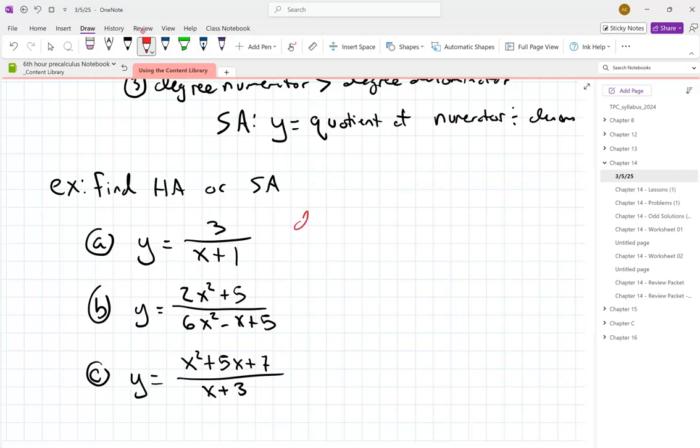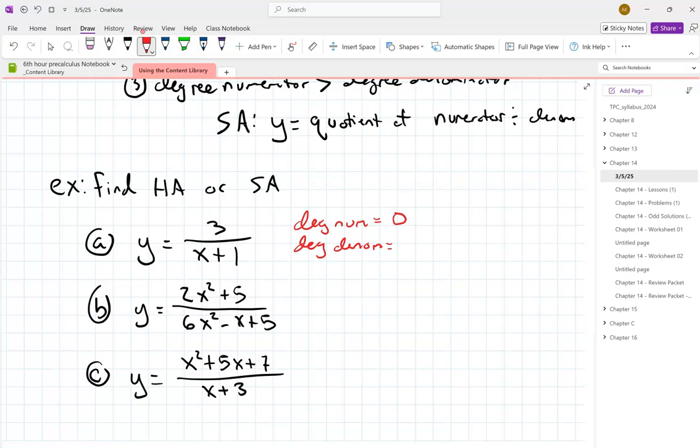We want to start by figuring out the degree for the numerator and the degree for the denominator. What's the degree for the numerator? What's the degree of a constant? 0 is correct. What's the degree of the denominator? It's not 0.